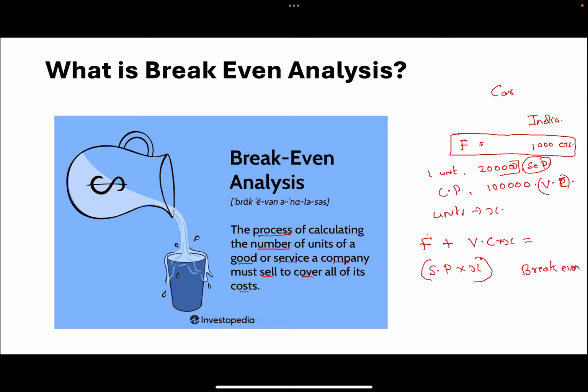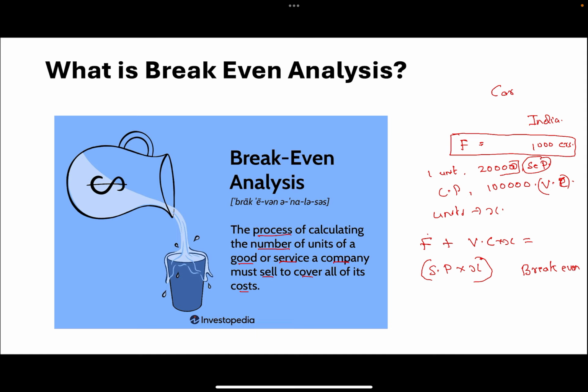That means we have recovered all the invested cost. We have made this very simple. We have not accounted for the time value of money, which is also an important factor. For this case, we are not taking into account the time value of money.